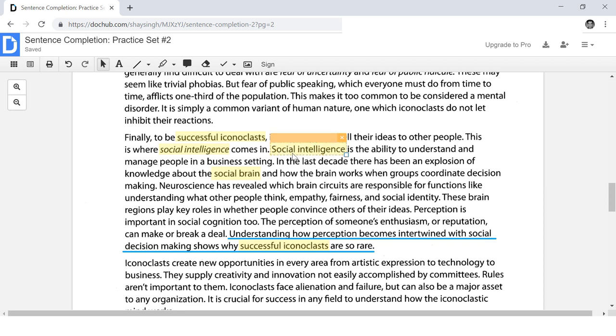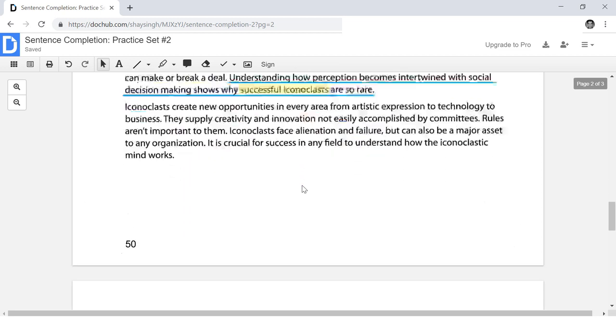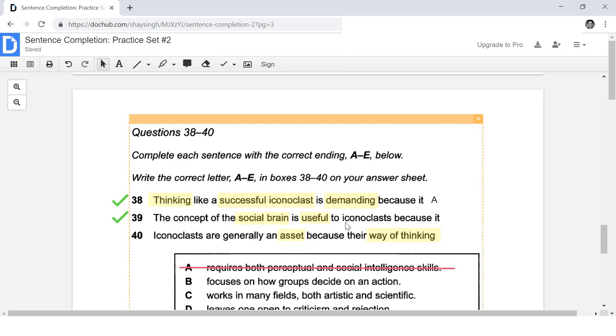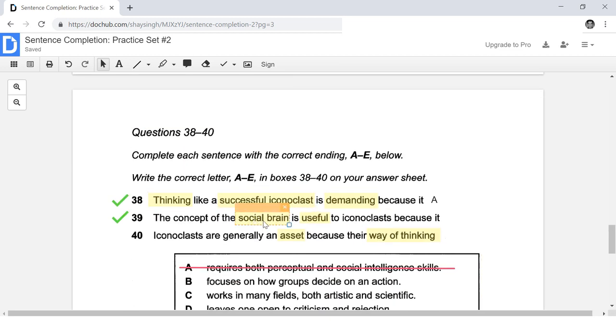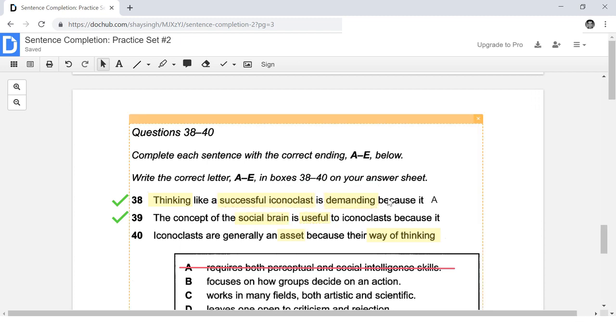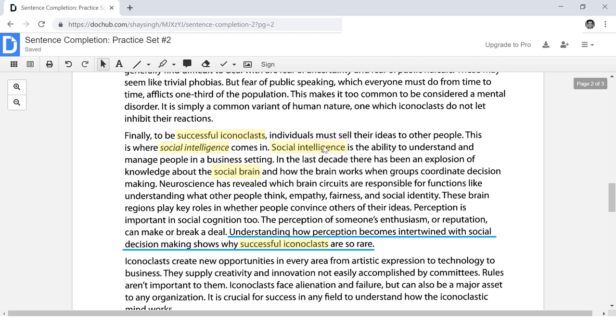Okay, so here it's explaining to us what social intelligence is. So we still haven't found our answer because what we're looking for is why social intelligence is useful to iconoclasts. Why is it useful? So here is just the definition. So I want to find out why having a social brain or social intelligence is useful.